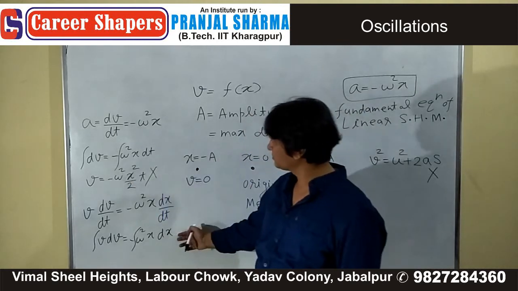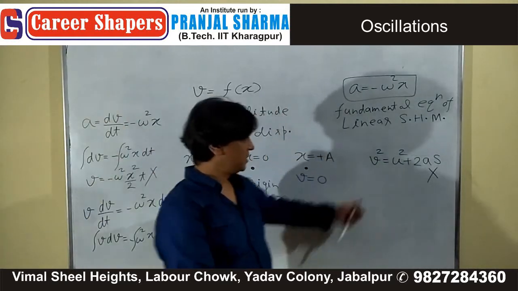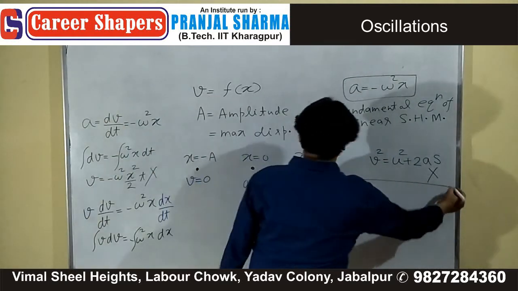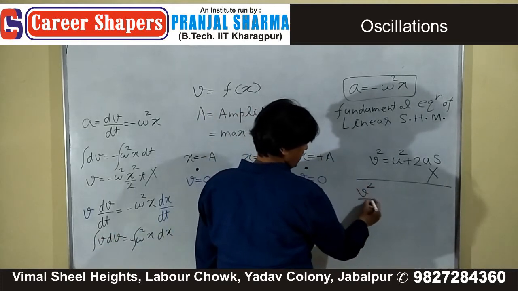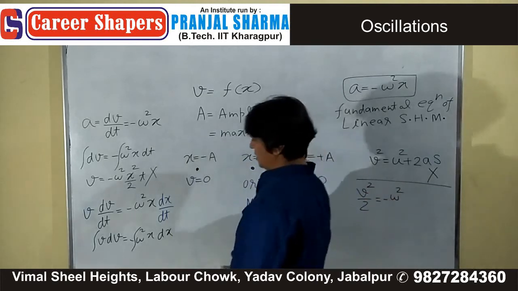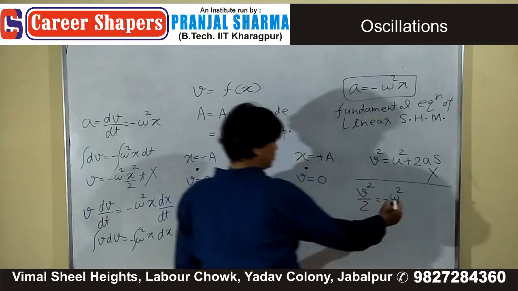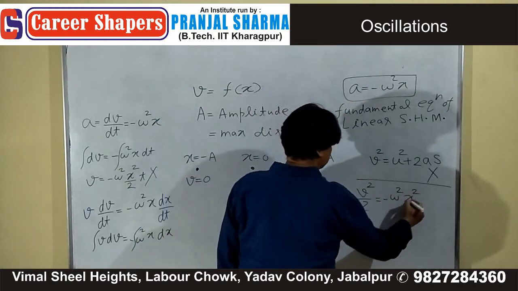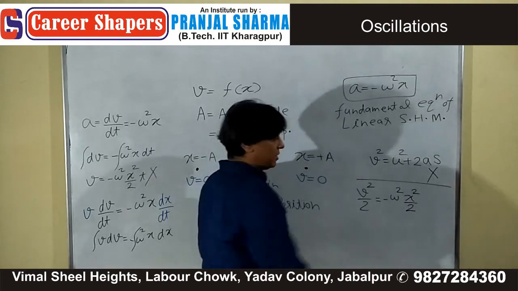And therefore, v dv, its integration will be v square by 2, equals minus omega square times integration of x dx, which is x square by 2.